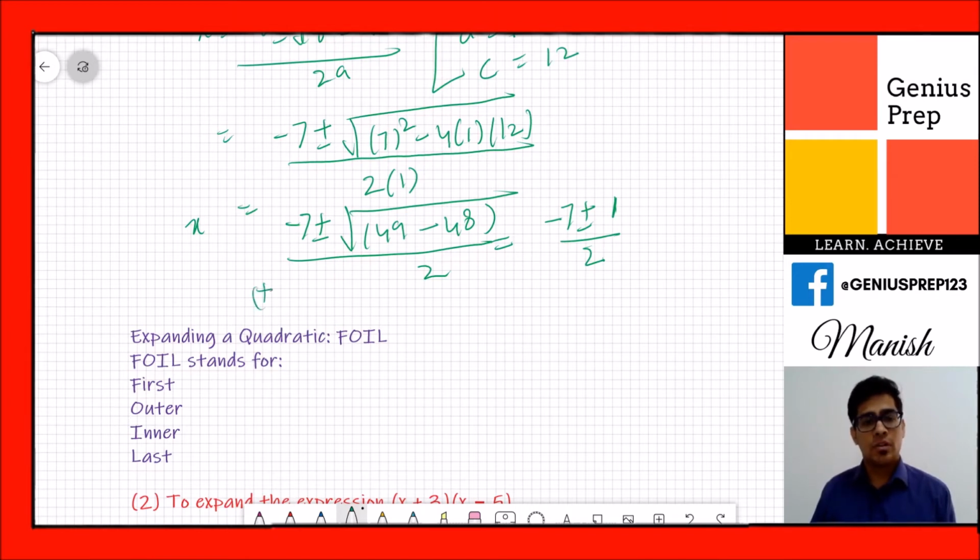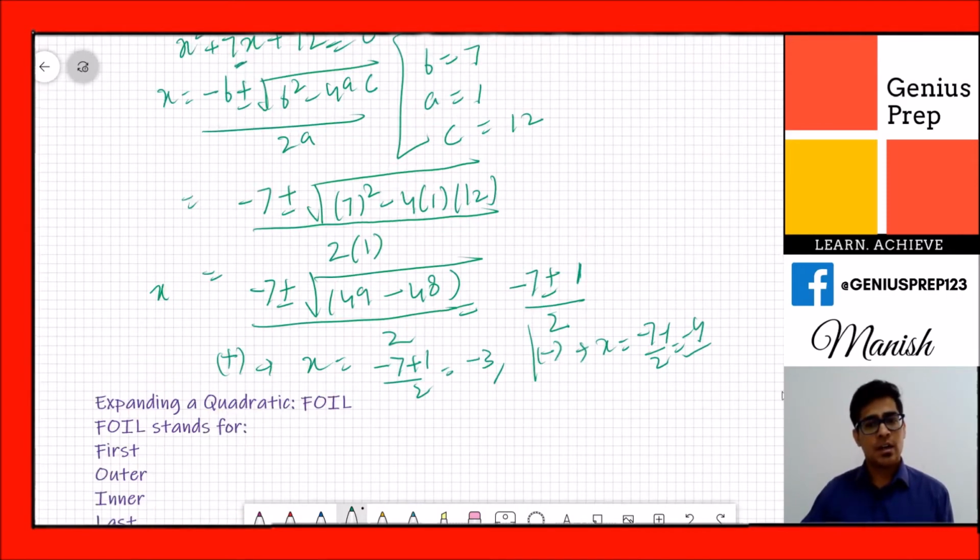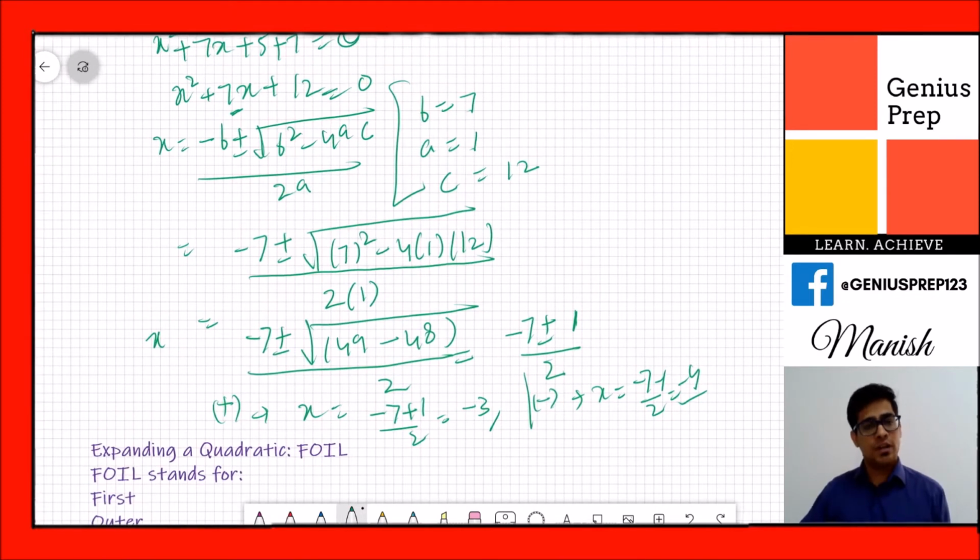First we consider the positive: x is equal to minus 7 plus 1 divided by 2, which is minus 6 divided by 2, that is minus 3. When we consider the negative, x is equal to minus 7 minus 1 divided by 2, which is equal to minus 4. Now we got the answer: x will be minus 3 and minus 4. I hope you get the idea how to solve this kind of equation.